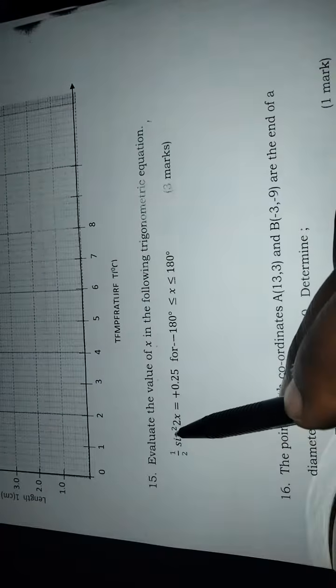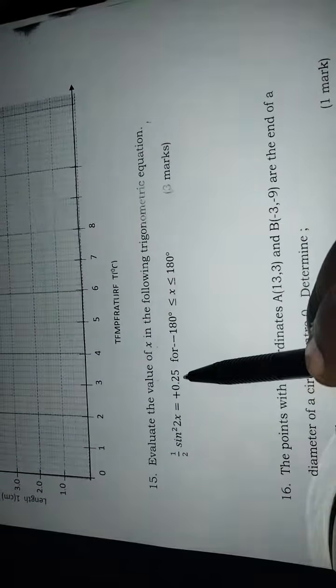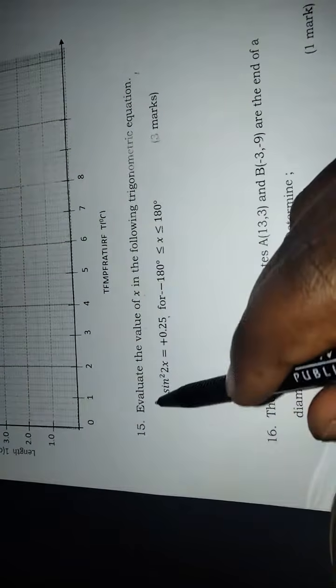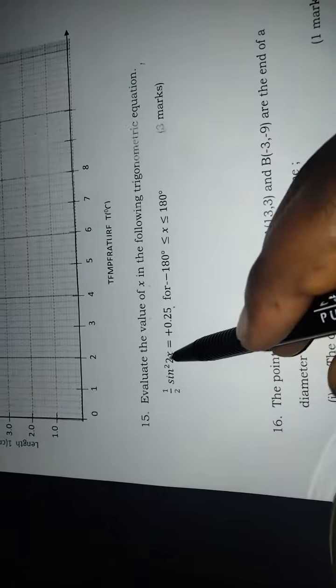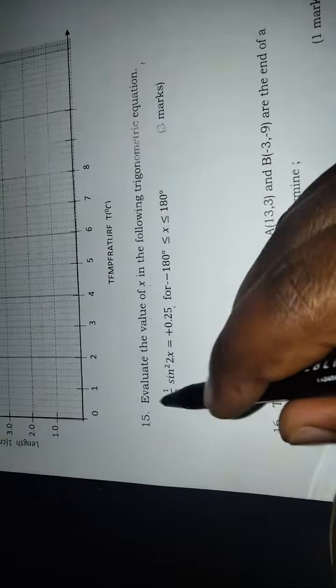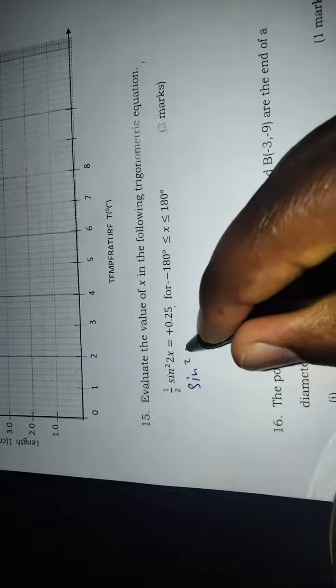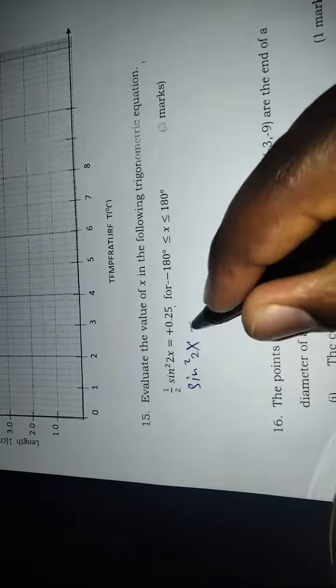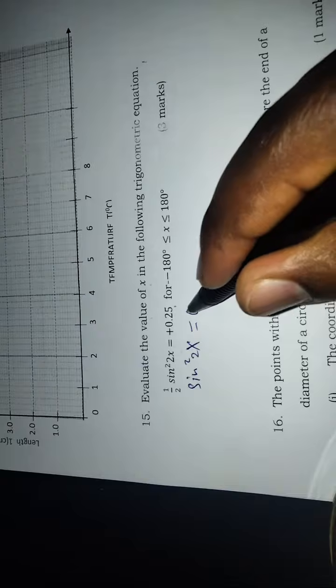Therefore, we have the sine squared of 2x, which is equal to 0.25. Therefore, what we're going to do first is to do away with the coefficient of sine squared of 2x. We multiply 2 by 2 both sides to have the sine squared of 2x being equal to 0.5 when you multiply through.